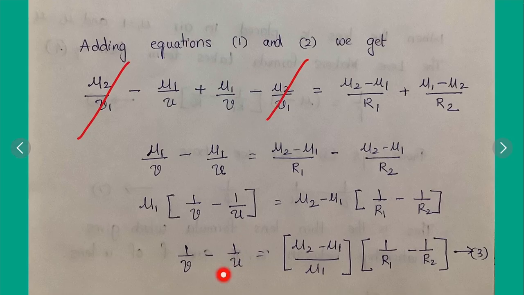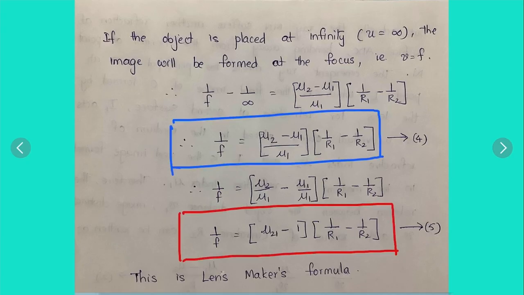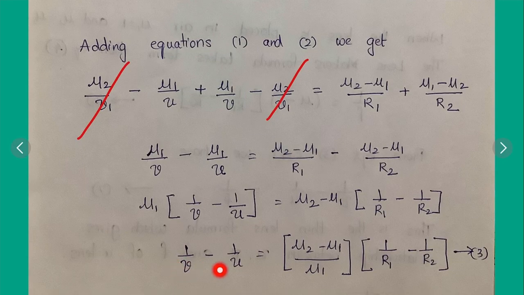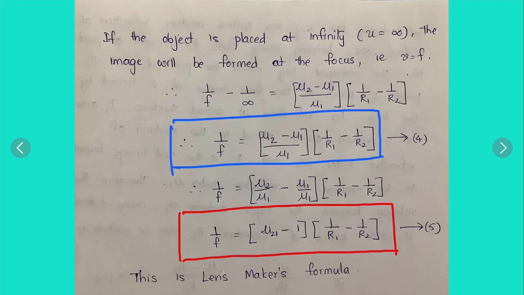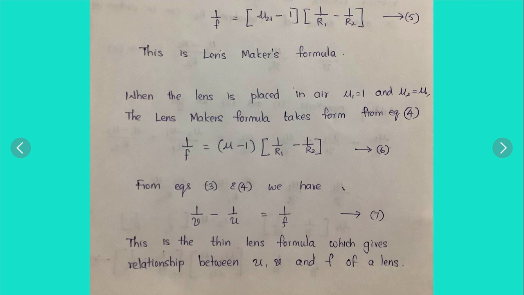See them again. You can see 1 by v minus 1 by u on the LHS, and on the RHS mu2 minus mu1 by mu1 into 1 by r1 minus 1 by r2. The RHS here is also the same thing. So both right hand sides are equal. So when the RHS of both equations 3 and 4 are the same, we can equate the LHS.